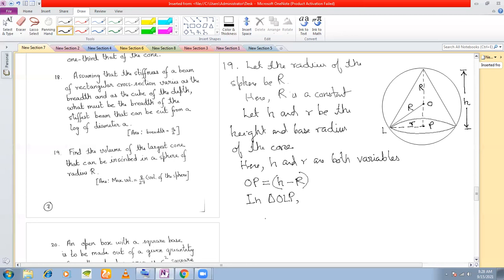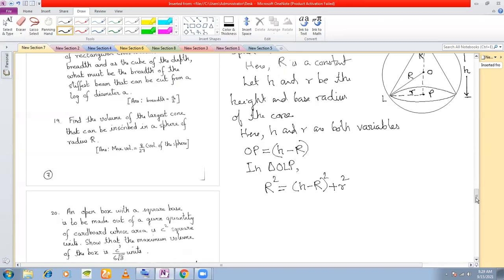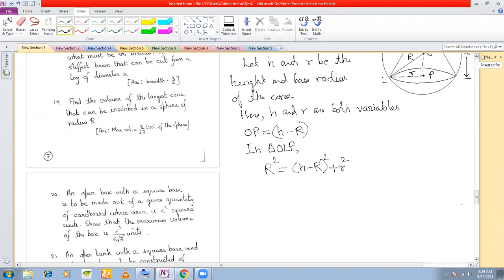Okay. Now in triangle OLP, you have hypotenuse square, that means capital R square is equal to perpendicular square, which is OP square, plus LP square. LP square is small r square. This is the relation between the variables small h and small r.